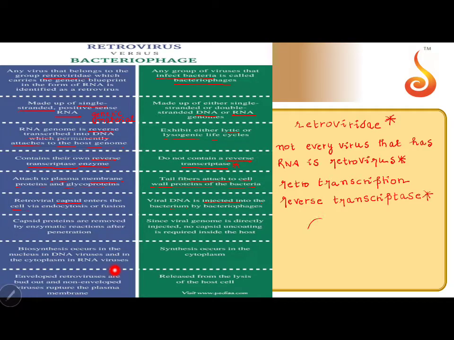So if this is the envelope, this is the capsid, this is the RNA which is genetic material. I am speaking about retrovirus.